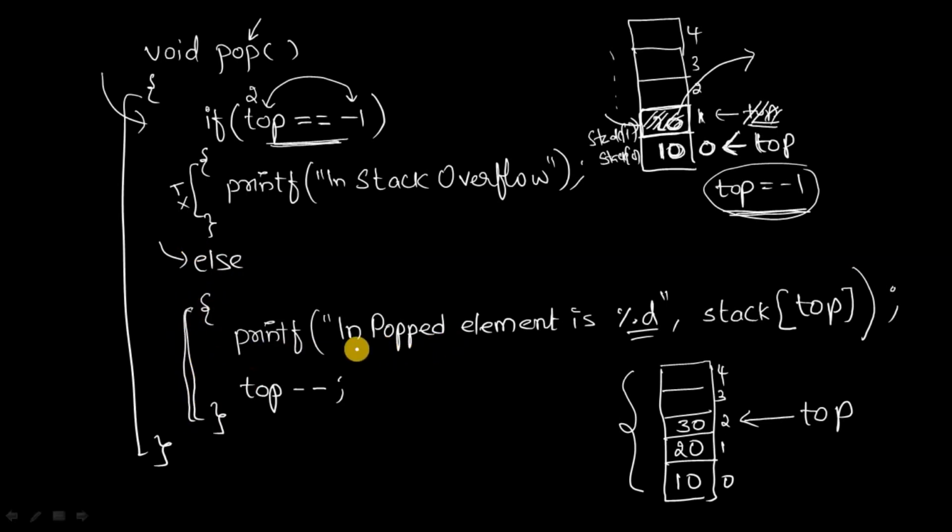In the else part, you have a printf: popped element is %d. In the place of %d, what value will be printed? Stack of top, right? So what is the value of top at present? It is 2. So stack of 2. What is stack of 2? This is stack of 0, this is stack of 1, this is stack of 2. That means in the place of %d, 30 will be printed.